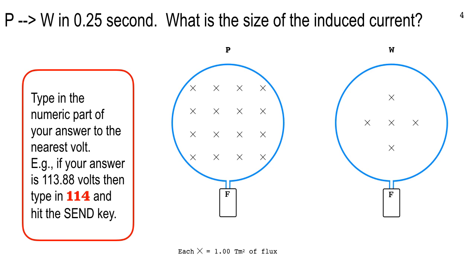Let me make this a little bit bigger. Let's take a look at your answers. For those of you that typed in 11, that is wrong. That's the change in the flux, minus 11. Here, 18, that's twice as high as it should be, because we only have one loop. 0.44, I don't know how you get that.